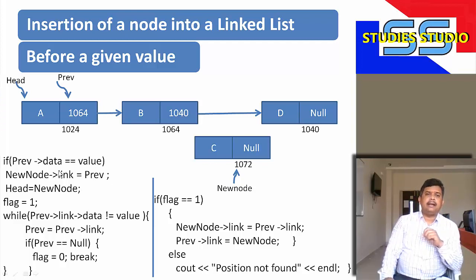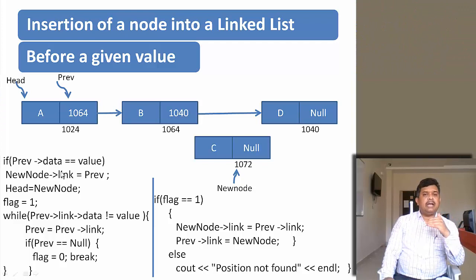It means when I am entering as a first node, at the first node itself I found my data. If not, I will have a searching criteria. What am I doing? Previous link's data. Now previous is right now pointing to the node containing data A. Previous link is a node containing data B. So previous link's data, it means B. I am comparing with B. If the value didn't match, I'll increment my PREV.